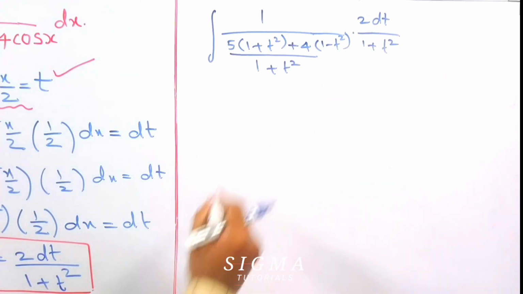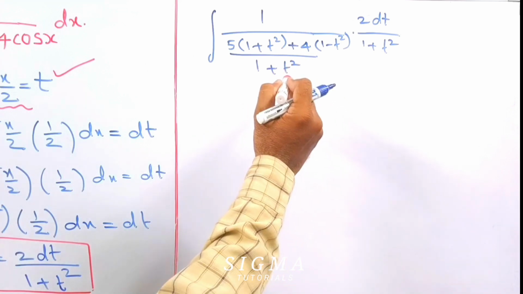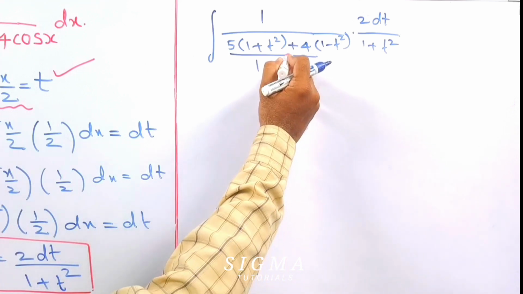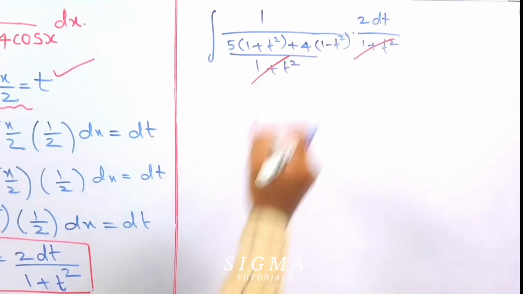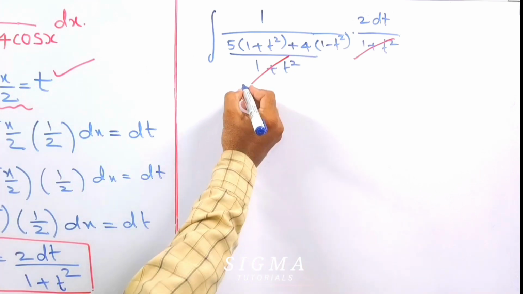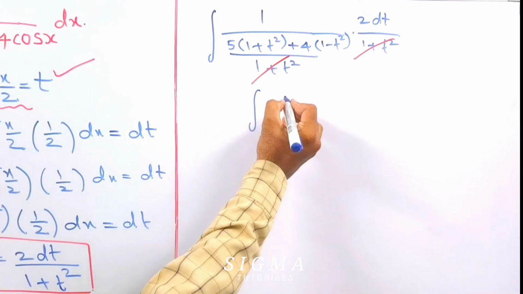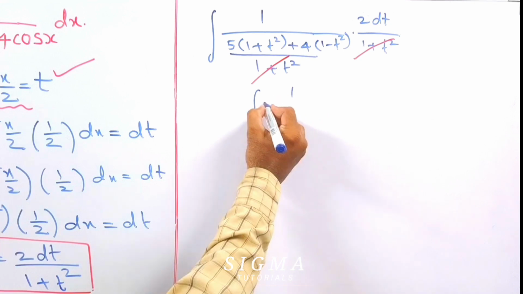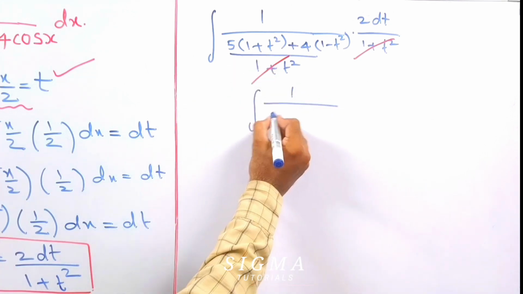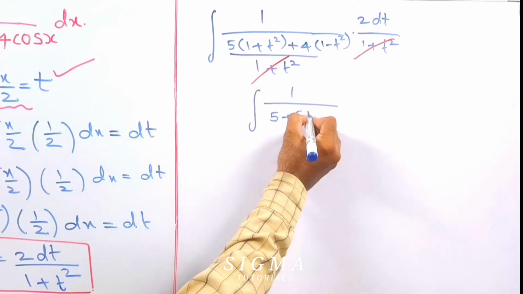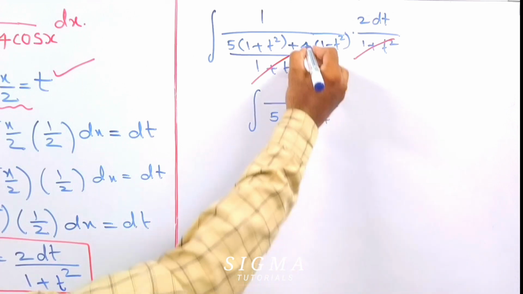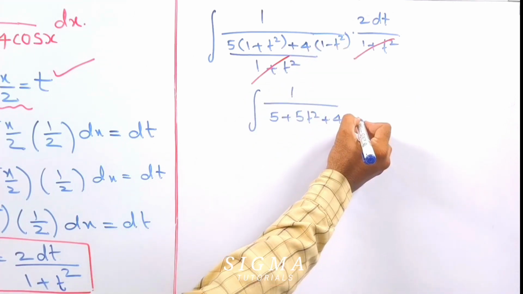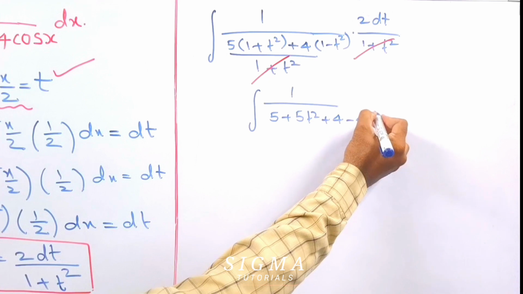We can note one thing here: this 1 plus t square and 1 plus t square can get cancelled. Then if we simplify further, it will be integration of 1 upon 5 ones 5 plus 5t square plus 4 ones 4 minus 4t square.